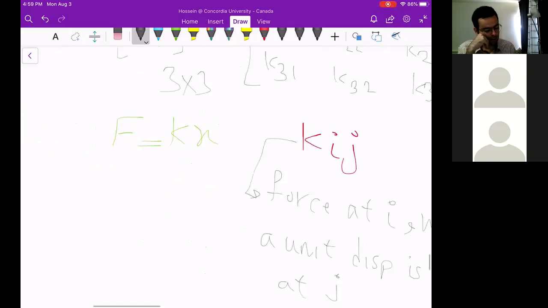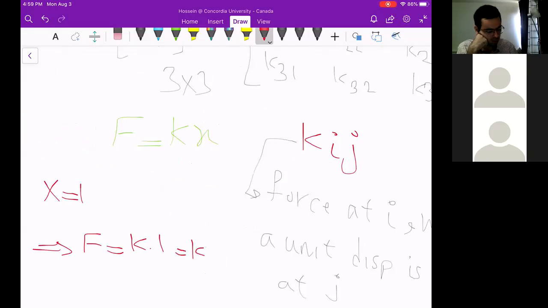It means that F is Kx. So if the displacement is unit, therefore F is equal to K multiplied by 1, which is going to be K. So you could say that in order to find K, I can find F, right? If you apply a unit displacement.